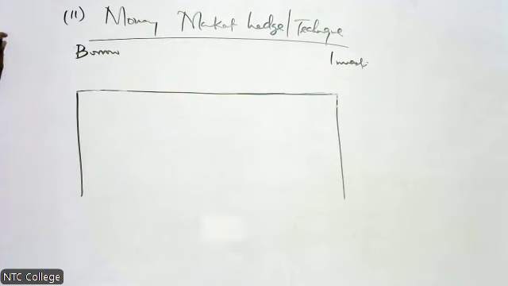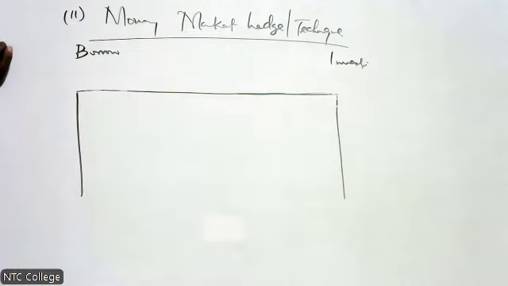I wrote it just a few minutes ago. Rules in money market. Borrow locally and invest in foreign country. Rule number 2 says that borrow locally, invest in foreign currency.